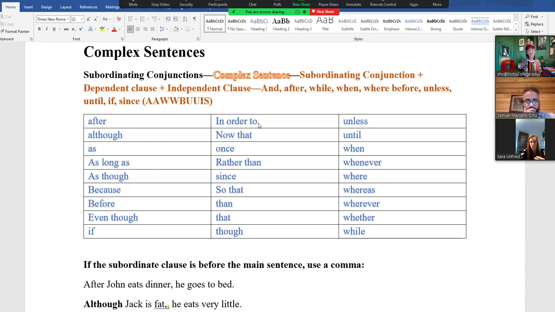Why do we call it dependent and independent? Because an independent clause can stand by itself, but a dependent clause needs an independent clause. So what renders an independent clause dependent? How do we create a dependent clause?